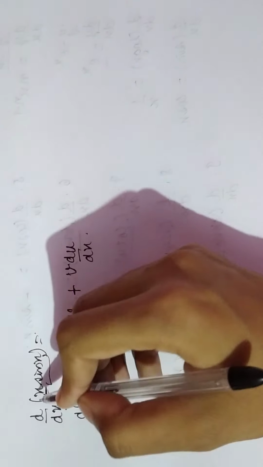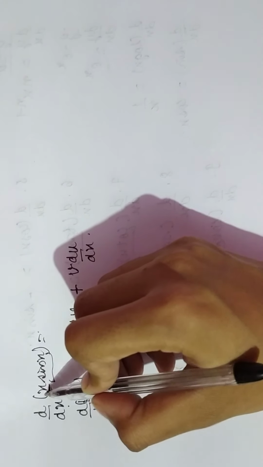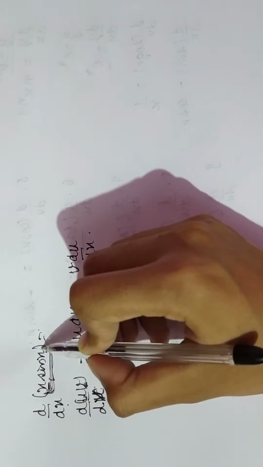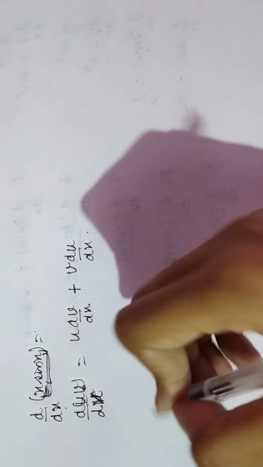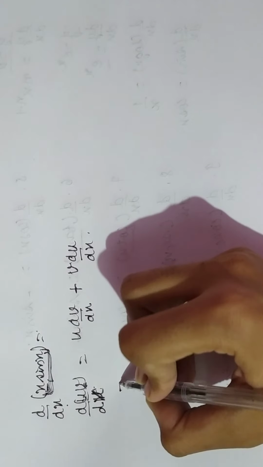Okay, the same thing we have to do here, but there is one problem. What is that? Which function should be considered first and which should be considered second. Okay, for that we have one more rule, which is called ILATE.